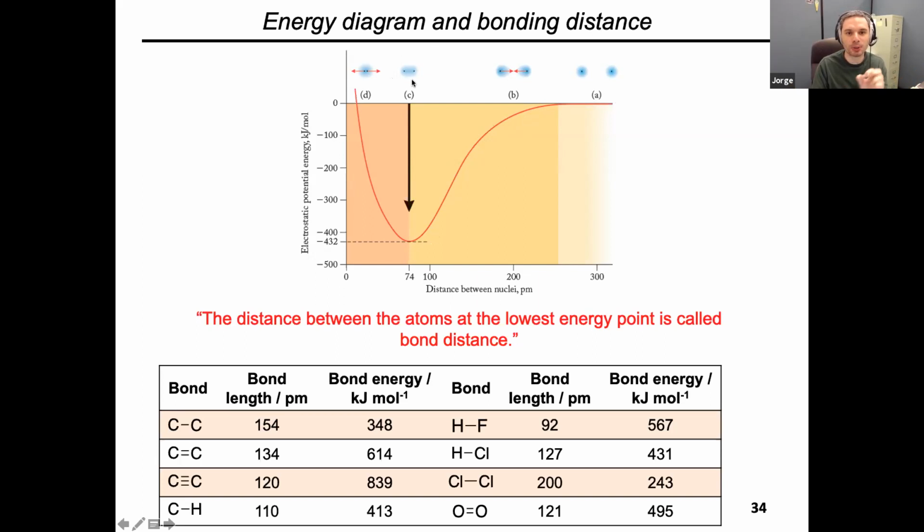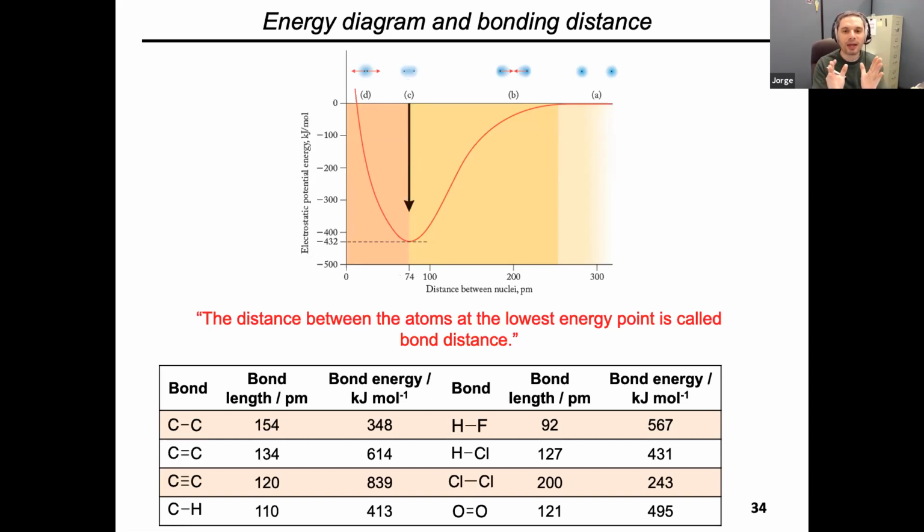And that's the sweet spot, the ideal atomic positions. There is the max attraction, everybody's happy. At the lowest point, the distance between the two atoms is defined as the chemical bond distance, and the energy is the energy of this bond.